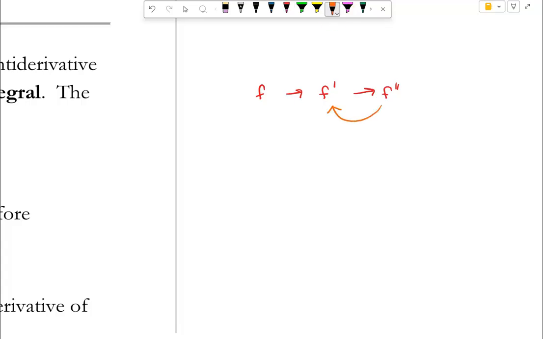How could I go from my second derivative to my first, or from my first derivative back to my function f, or from my function f to its antiderivative, which we will often write with a capital F, to represent the antiderivative of lowercase f? So we could think of the process of finding the antiderivative also as an operation.